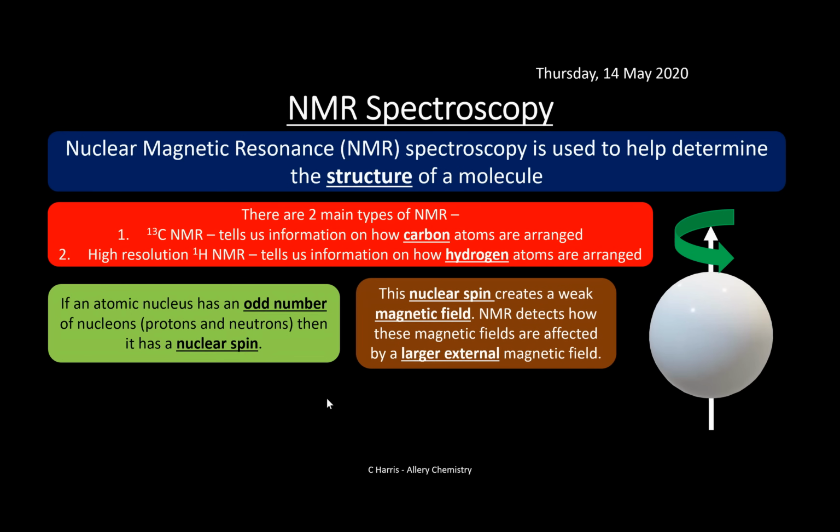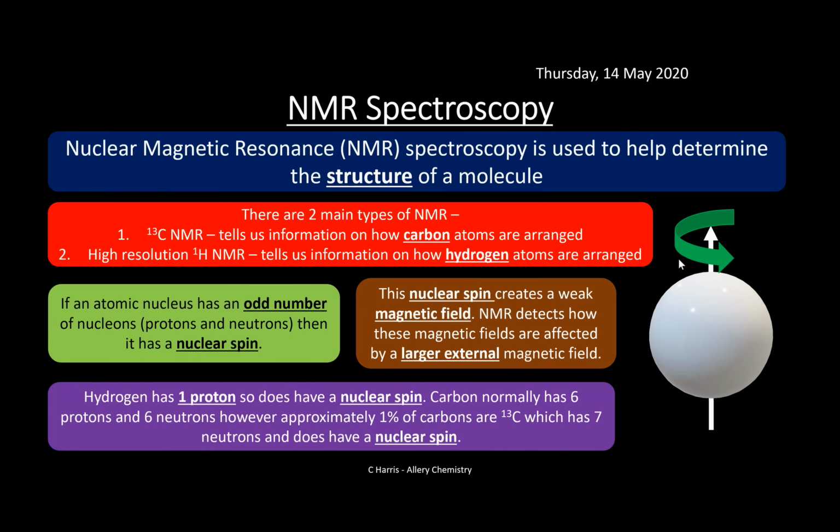So we've got our nucleons spinning in a particular direction, with a mini magnetic field around them, and that can be influenced by another, external magnetic field. So as long as you know that, this is looking at an odd number of nucleons. That's going to be quite critical, because we'll look at that later in terms of the type of spectroscopy that we're going to look at.